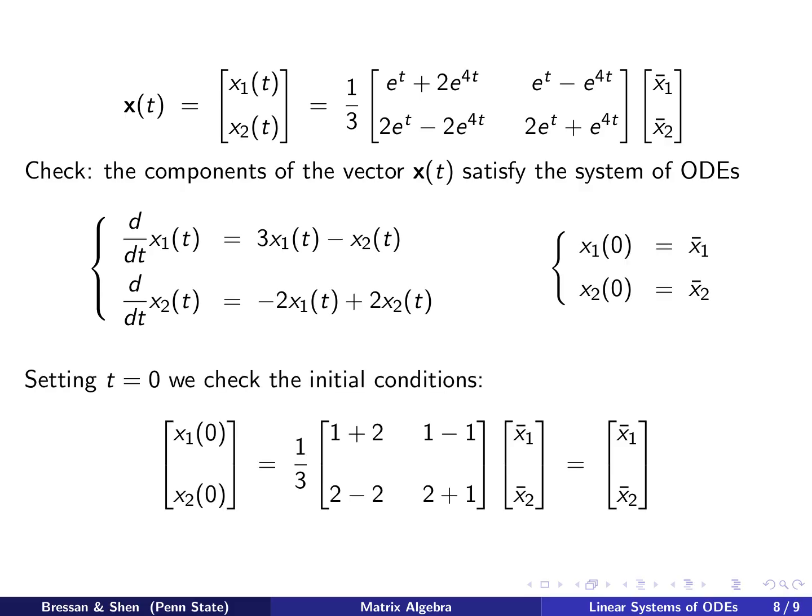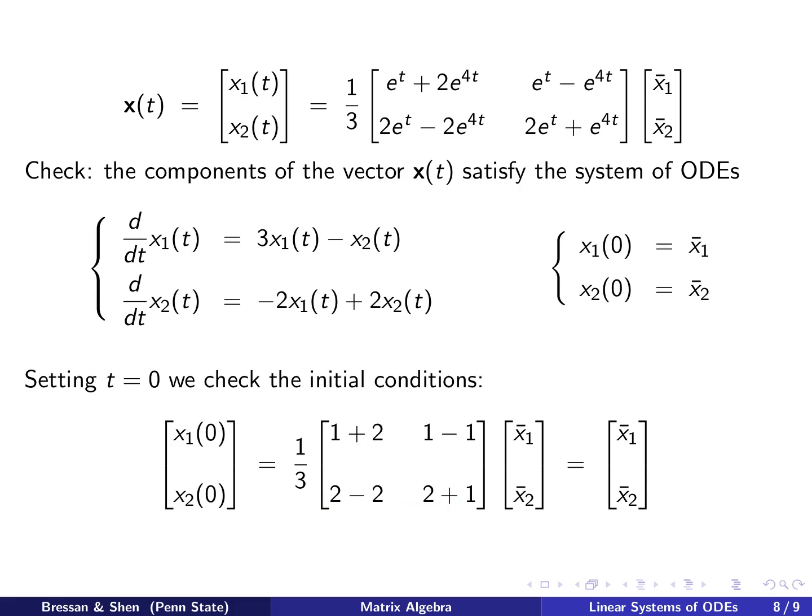Let's verify the initial condition first. That is, you put t to be 0, you will get x1 bar and x2 bar. So if I put t to be 0 in this expression, then e to the 0 is 1. So you just get 1 for wherever you have e to the something t, then we get that.